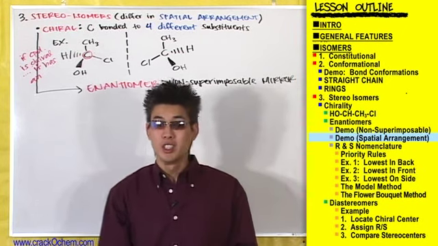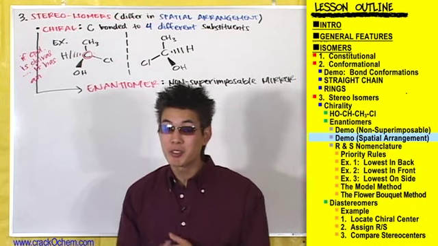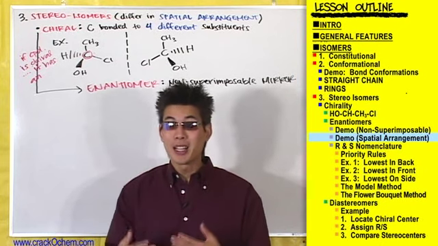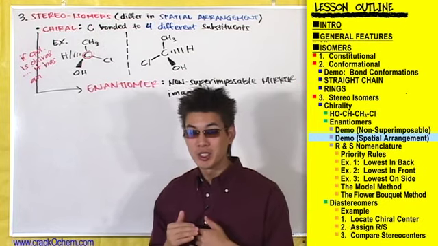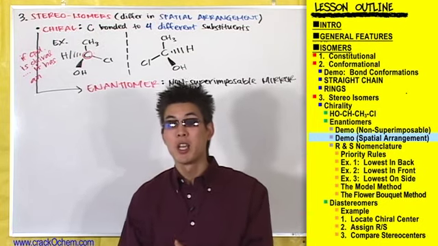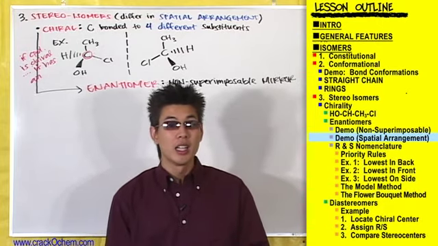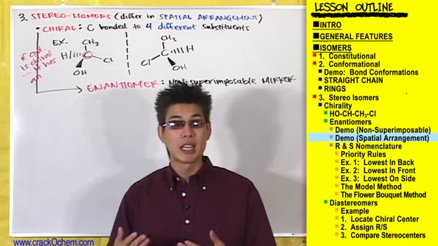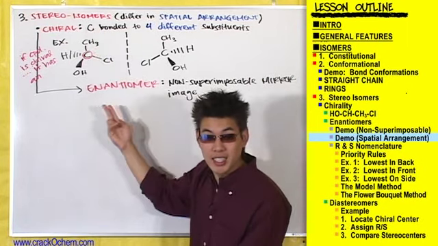But so what? Do their clockwise and counterclockwise formations make them that much different from one another? And oh my gosh, you guys, yes it does. And let me just give you a little background on this story to illustrate how important it is to recognize the difference between two enantiomers, okay? So check this out. In the early beginnings of organic chemistry, there was no such thing as a stereoisomer, as enantiomers.